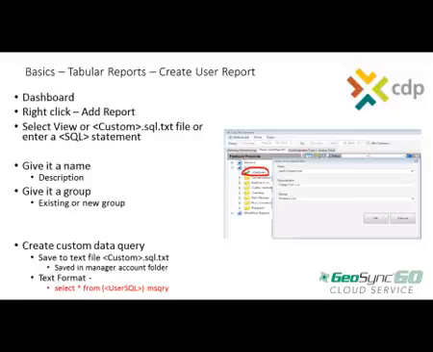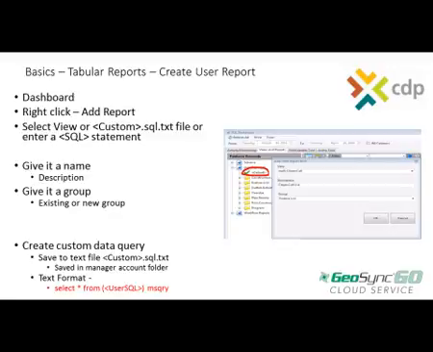Here are just some basics in terms of creating a user report, and we're going to actually do this, but we'll run through this first. From the dashboard, to create a user report, you right-click on the default user report and click the option Add Report, and then from there you customize.